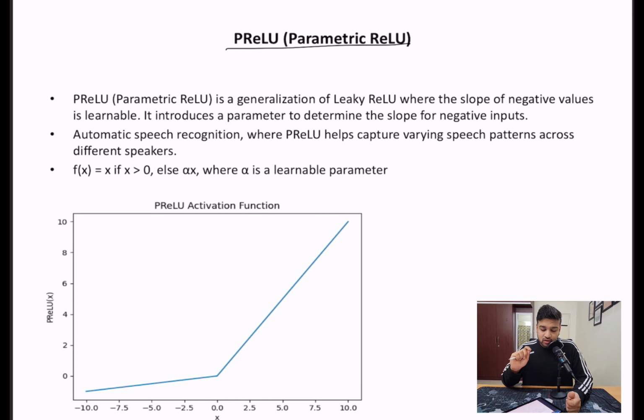So if I fix my alpha, which is the parameter that was fixed in leaky ReLU, then I will not be able to capture the difference in all these attributes of the voices of different speakers. Whereas if I make my parameter a learnable parameter, then the model's capacity to capture varying speech patterns improves a bit. I'm not sure if there is a way to prove this mathematically, but this is something that has been seen empirically, right?